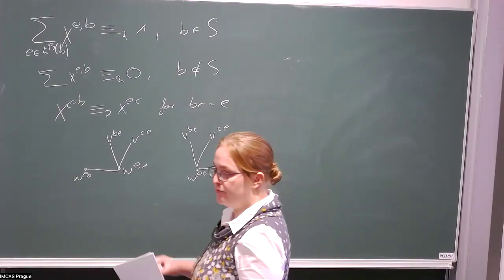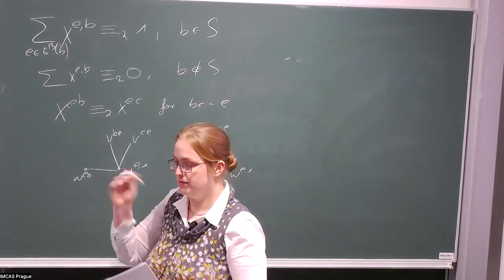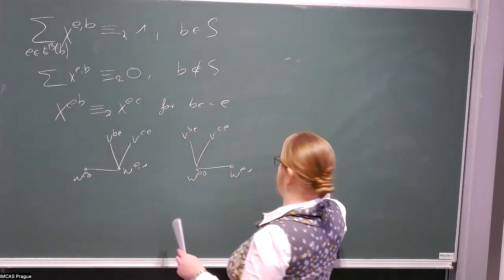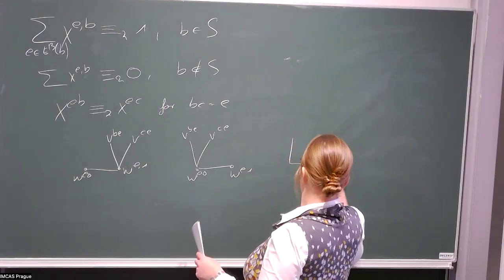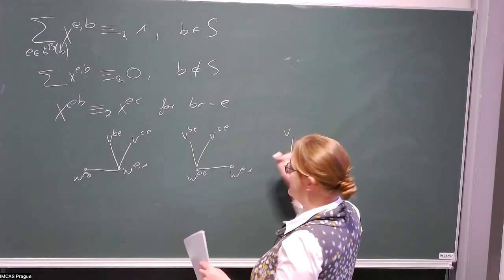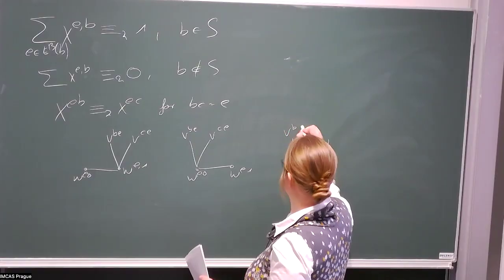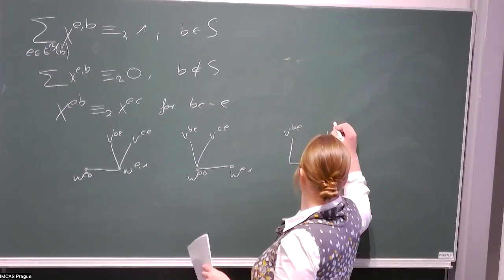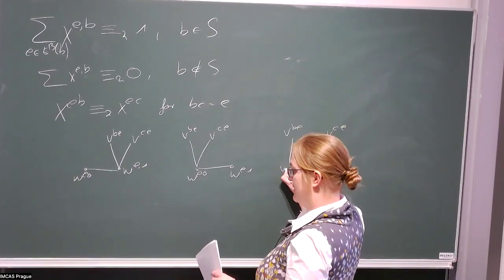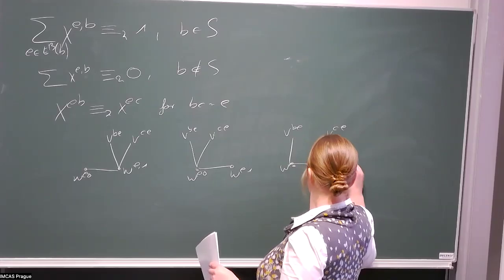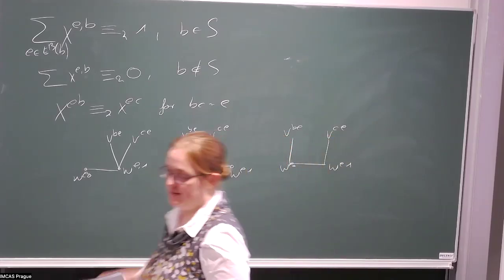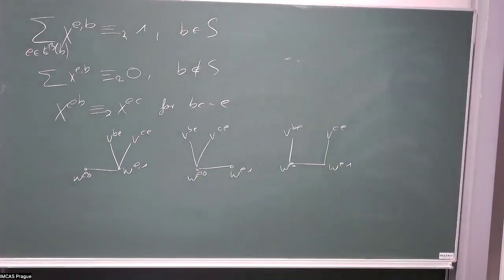But if we choose them non-consistently, then it looks like this. And this can be very easily and even locally distinguished. So this is how this construction relates to a system of equations.